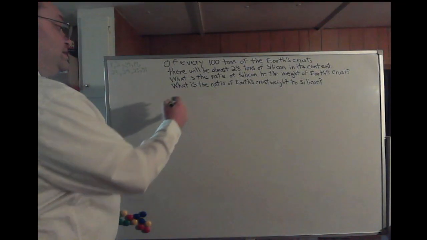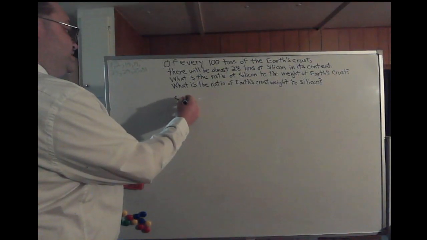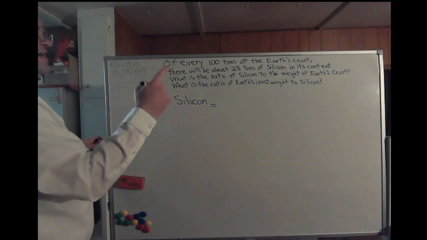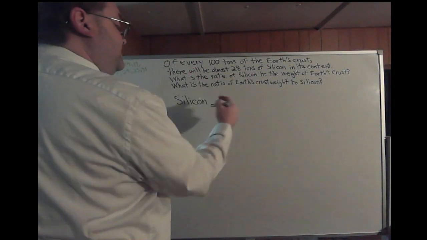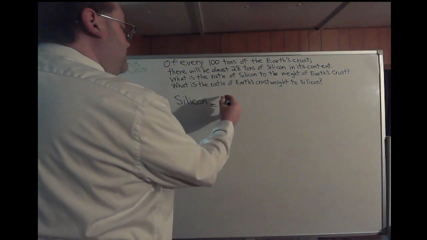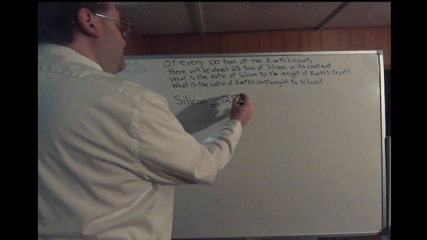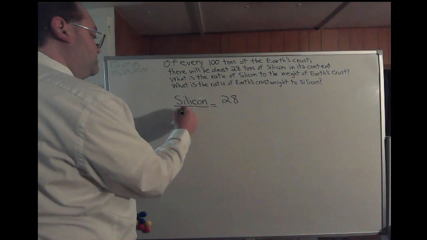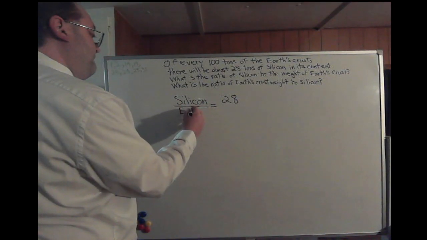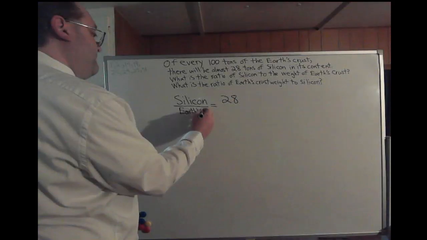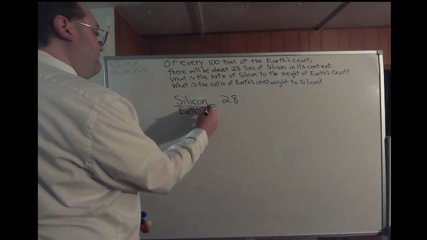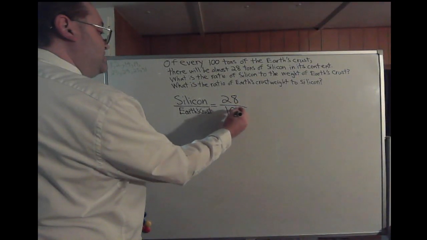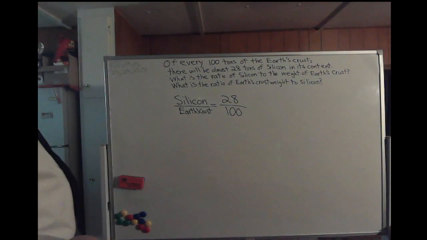So silicon first, the first thing it asks would be your numerator. That was 28, right? We can leave off the tons. So it's silicon to Earth's crust. The weight of Earth's crust was 100 tons. So the ratio is 28 to 100.